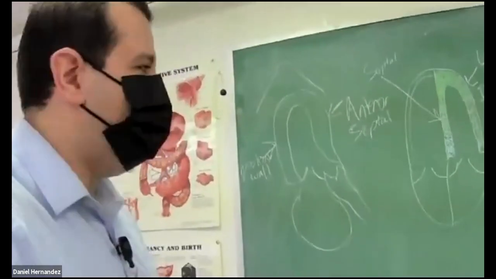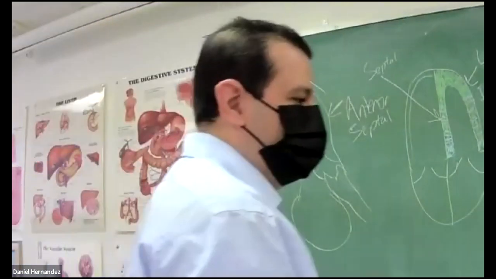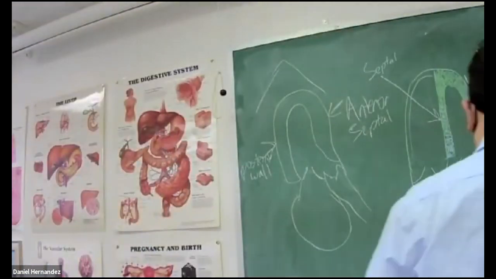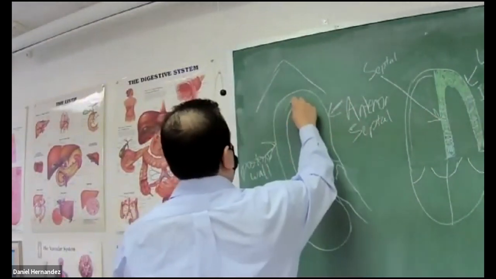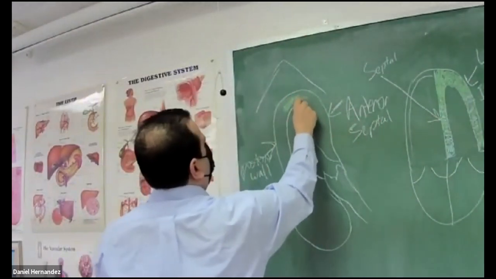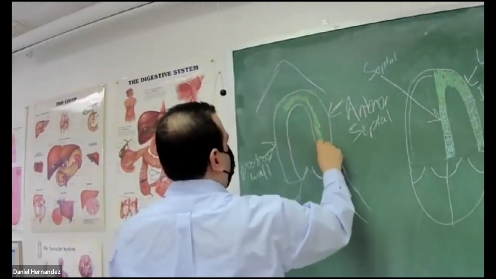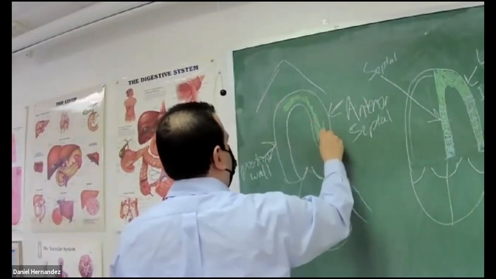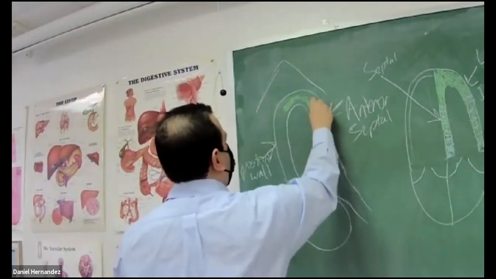And if we move to our 3-chamber view again, a lot of that is going to be left anterior descending for the anterior septal.